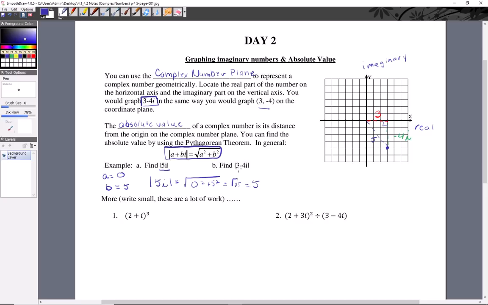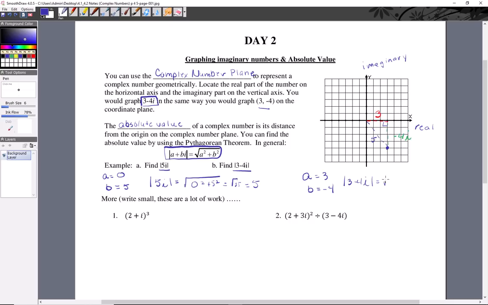So if we want to find the absolute value then of 3 minus 4i, a would be 3, b would be negative 4. I'm sorry, back that up. We can actually put the numbers in here. So undo, undo, undo.